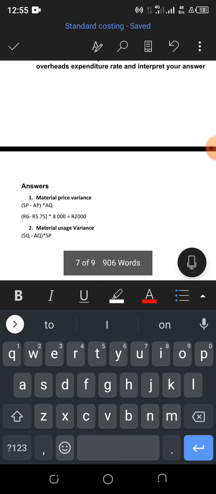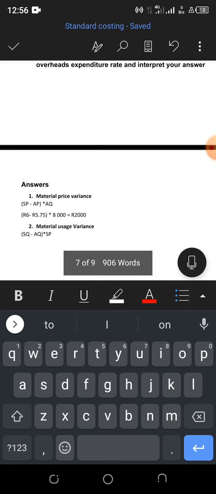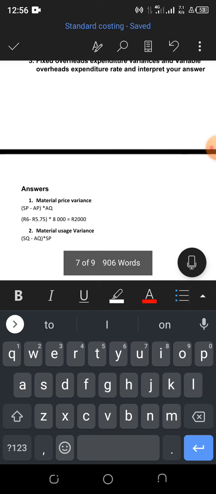How you have to analyze this question is very simple. Remember, you have the standard price, which is the budgeted price, and you have the actual price, which is the actual amount that you used to purchase. So you compare those two amounts.